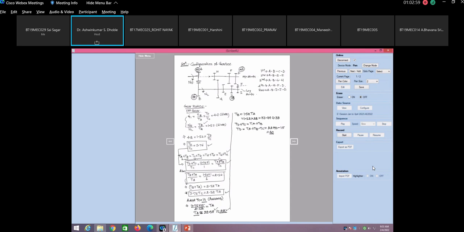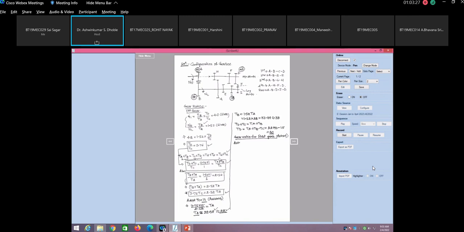Okay, now the gear ratio based on the calculation. So gear ratio for first gear, this I will say the actual gear ratio.